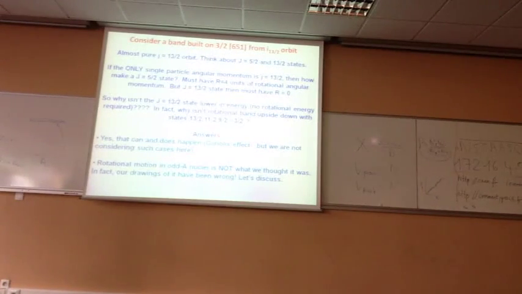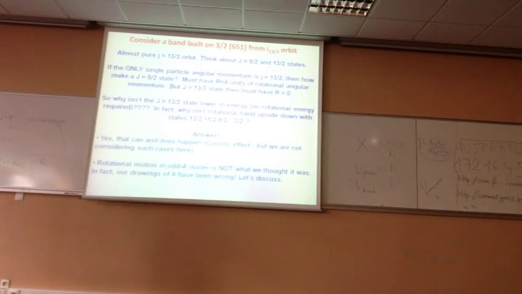So the C_J coefficient for 13/2 is 1. Okay, so if I have a single particle with pretty good angular momentum 13/2 plus, and I want to make a 5/2 plus state, the other angular momentum I need is a rotational angular momentum of R equals 4 going down. I'm opposing that 13/2. Clear?